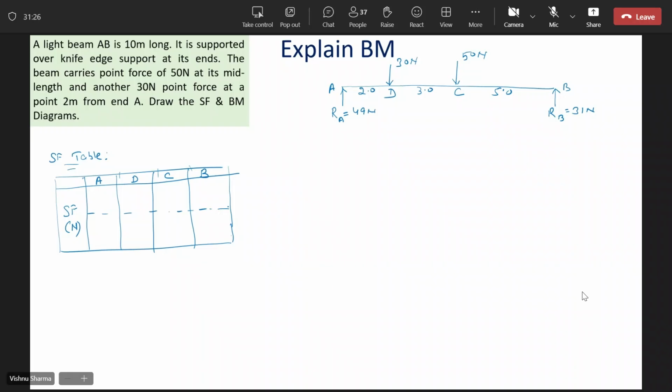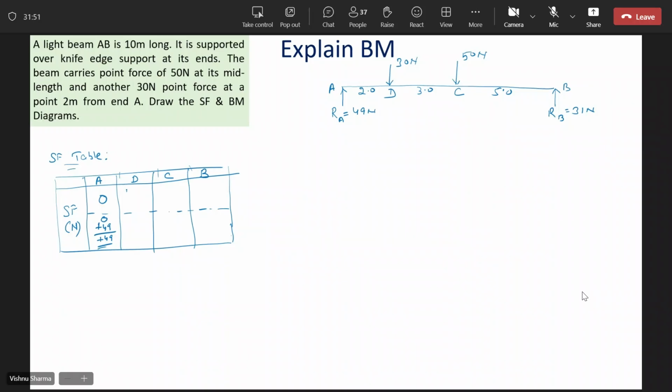Then we start moving from the left, just to the left of A. This is how I talk to myself. Just to the left of A, shearing force is 0. I carry forward this 0 and I move from just left of A to just right of A. Plus 49 comes into the picture and shearing force becomes plus 49.